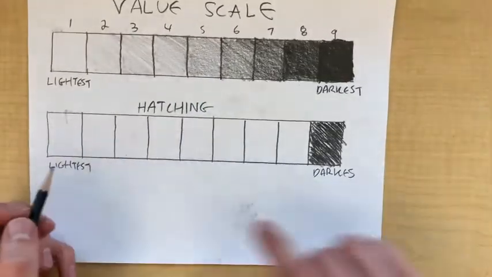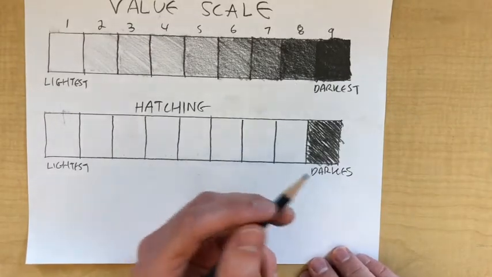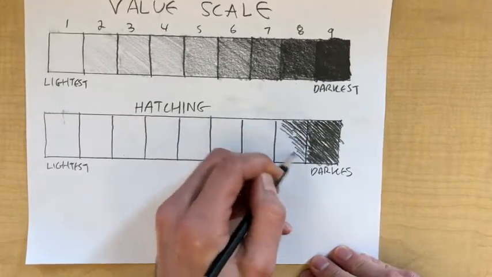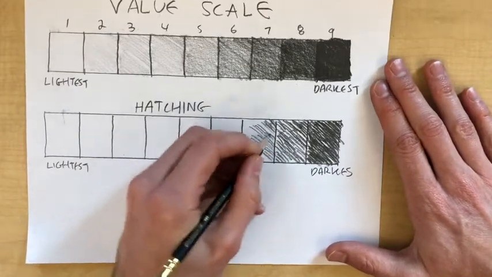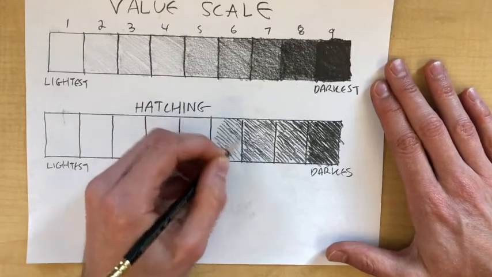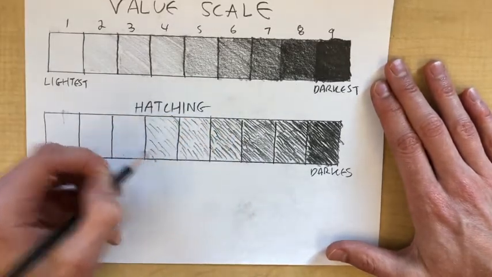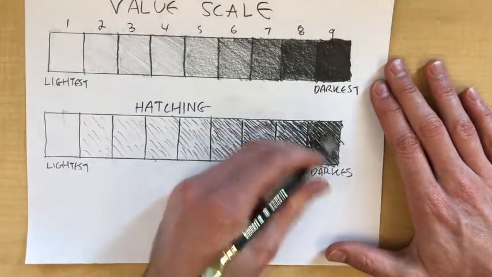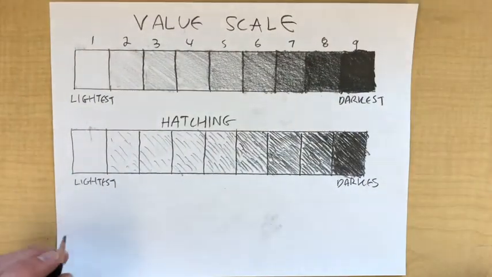And as I go down the scale, I want to ease up and make less and less lines to achieve a lighter and lighter value. Okay, so now I have my hatching value scale and my normal value scale.